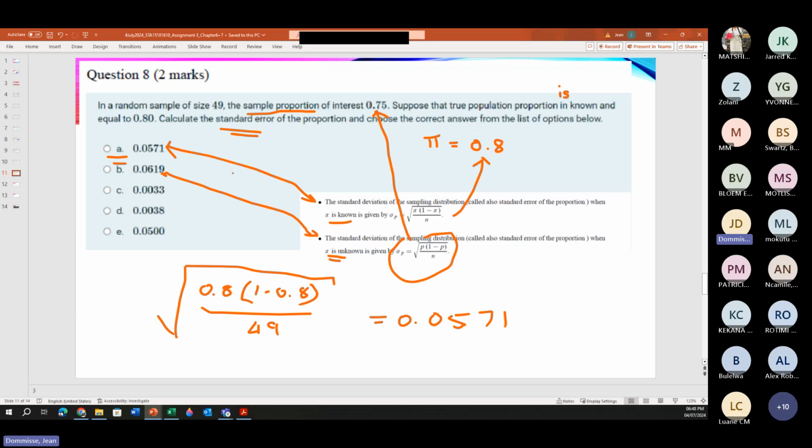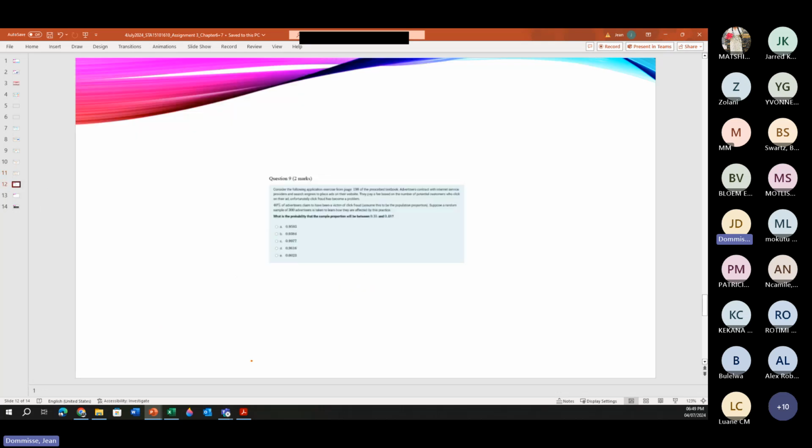This one was one of those that they wanted to catch you out, because one usually only gets the sample proportion. It is very seldom that you actually get the population proportion. So that was one where we needed to work out the standard error.